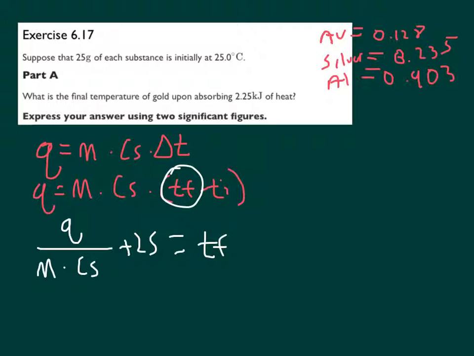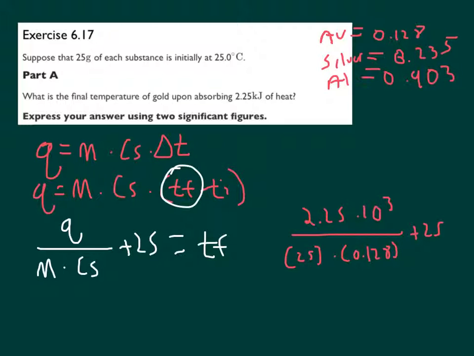Now let's plug in what we know. We have Q, which equals, up here, 2.25 kilojoules of heat. But we've got to be careful. The specific heat I gave you was in joules, not kilojoules. So we're going to have to convert 2.25. No big deal. 2.25 times 10 to the 3 divided by mass, 25, multiplied by 0.128, the specific heat of gold, plus 25.